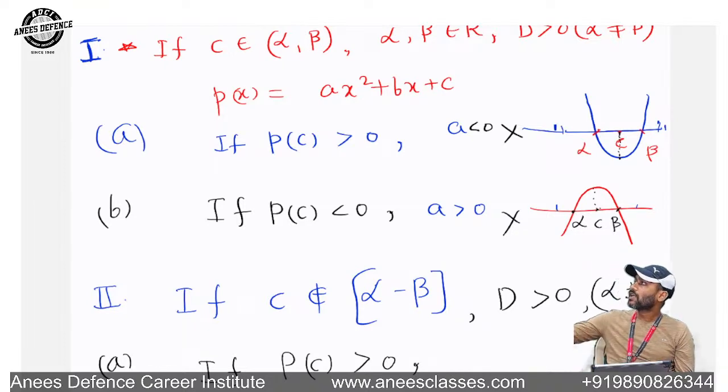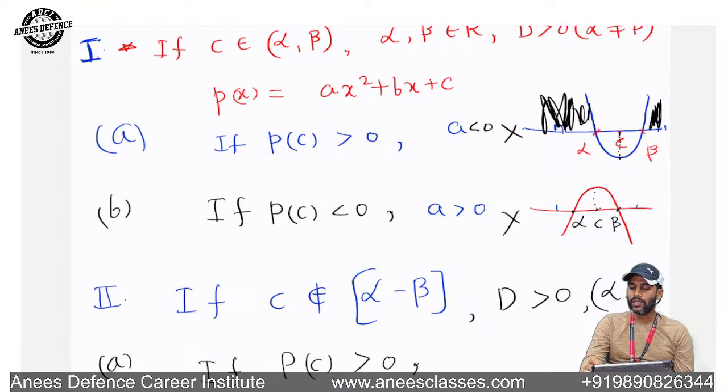If you see, the graph is above the x-axis in this region, on the left-hand side of alpha or the right-hand side of beta. It means P of C would be positive, and A would be positive.